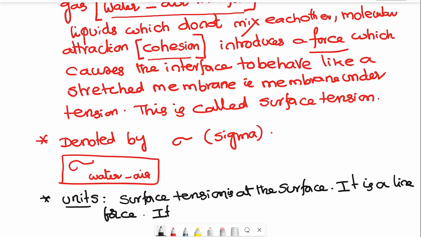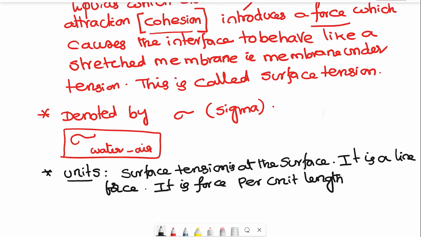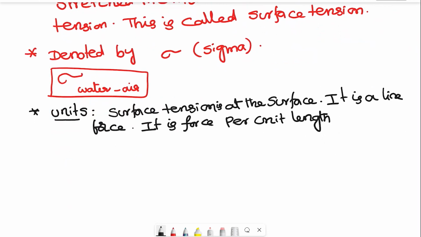It is force per unit length. So therefore, units are Newton per meter. This is one of the important things that you should remember.